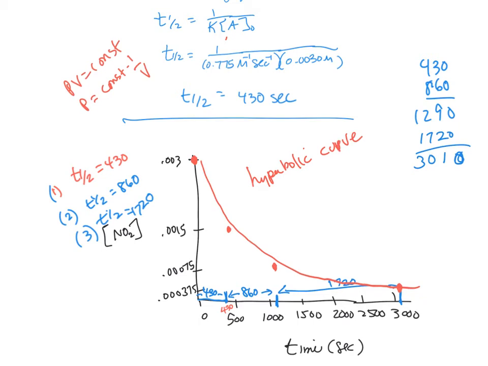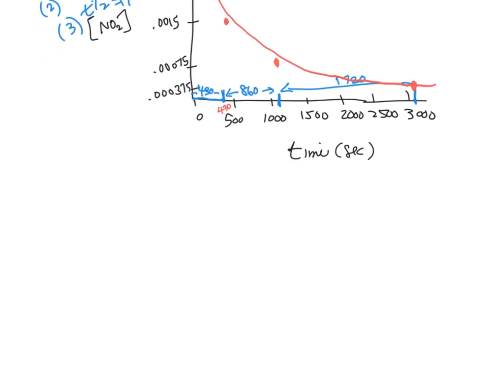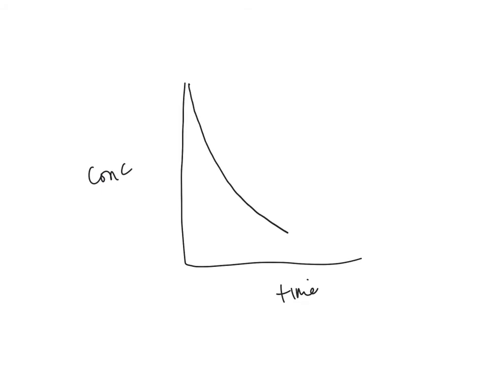All right, so then if you had similar initial concentrations and similar first half-lives, and you superimpose the first and second order on the same graph, so this would be concentration versus time, you would see that the first order decay is exponential. It looks like this. Okay, so this would be first order.